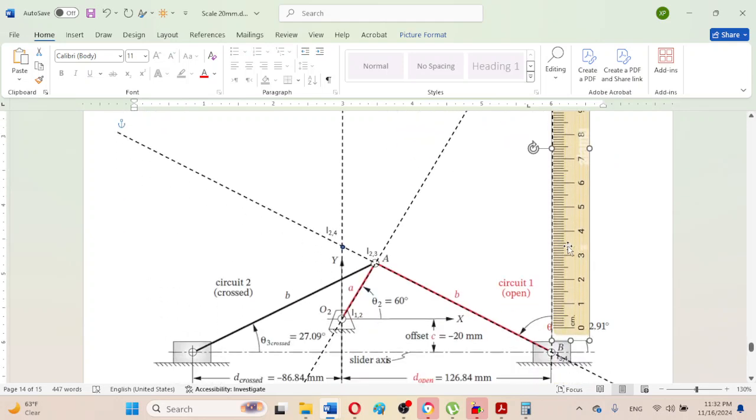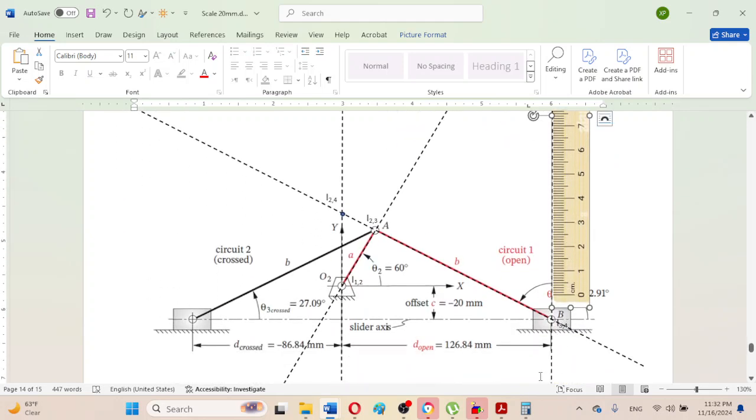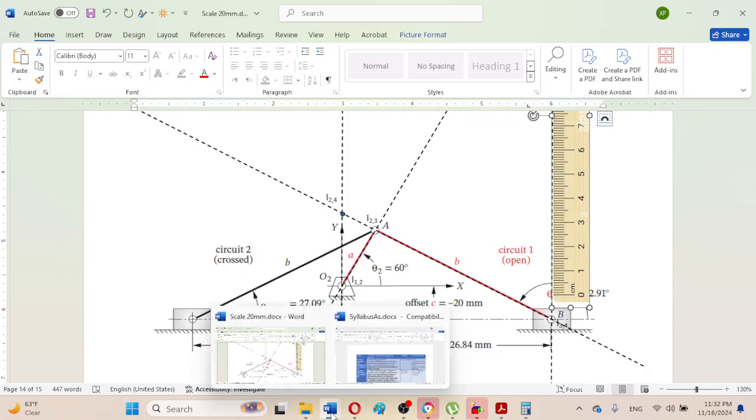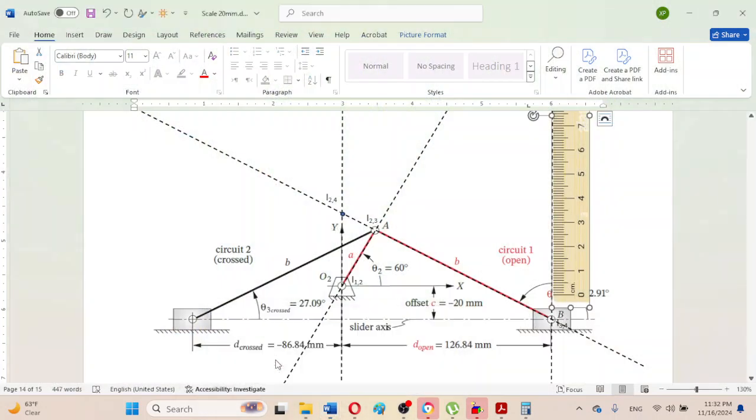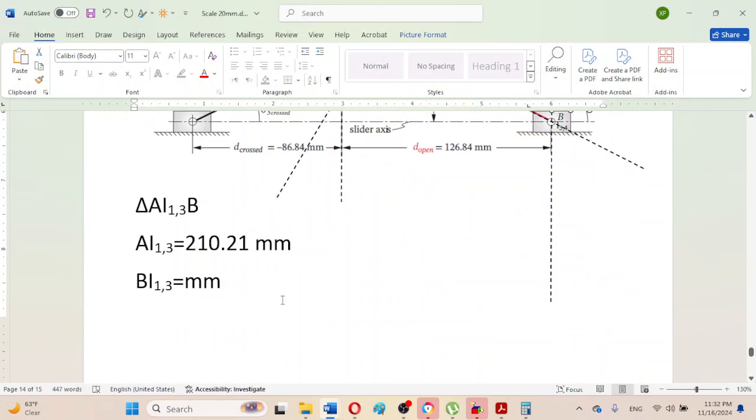So B I1,3 is equal to, according to scale, 15 centimeter, and 1 centimeter is equal to 14.7 according to scale.